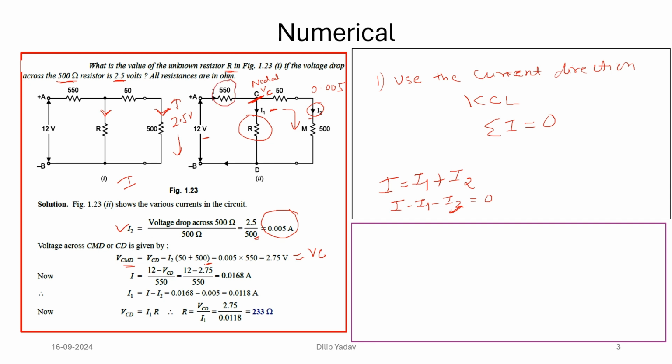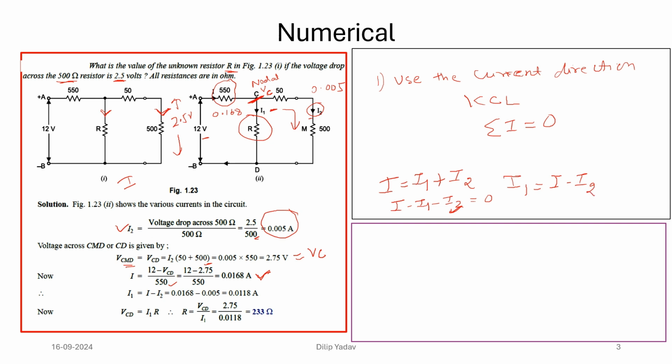Using 550 we have calculated I as 0.168, and I2 was 0.05. So I can calculate I1. As I was saying, I will be equal to I1 plus I2, so if I need to find I1, it will be I minus I2.